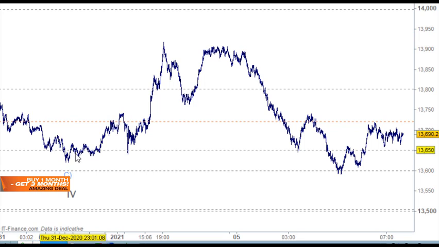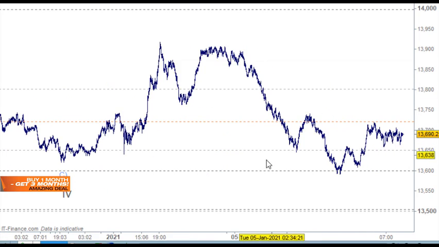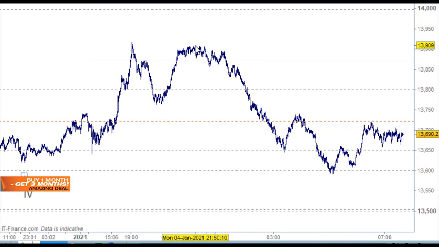Okay, so we could look at this as 1, 2, 3, 4, 5 for 1 and 2 here, and 1 and 2 and 3 and 4 and 5 for the third wave, fourth wave and fifth wave. So we can definitely look at that as wave 1 and 2 here, and this definitely looks like a third wave here, so that's okay. This one here hasn't made a new high above here for that, so that's an issue.